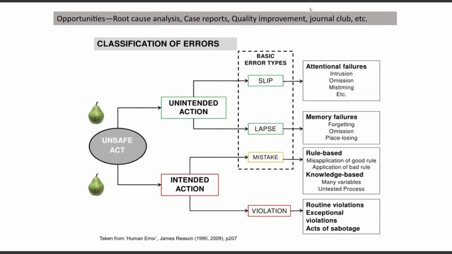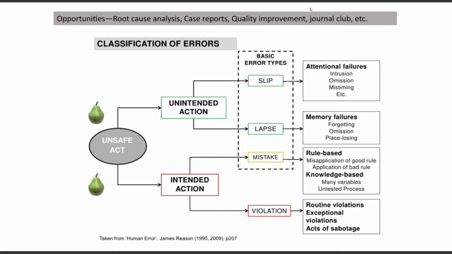Whether you are at a root cause analysis or maybe physicians are doing a case report, quality improvement opportunities, journal clubs, there are multiple opportunities to bring the conversation and the understanding of error into the areas where physicians really have discussions about specific things.